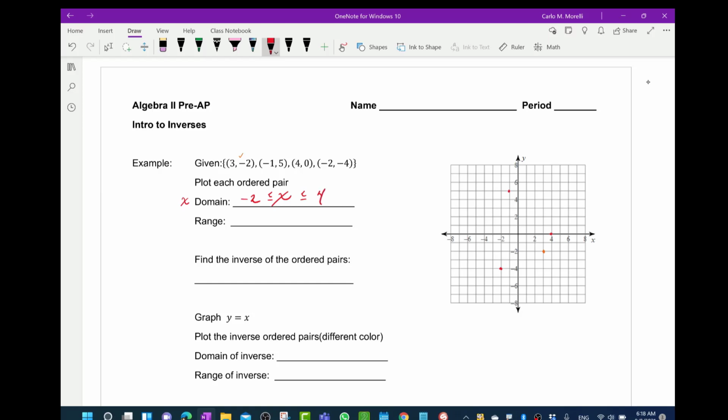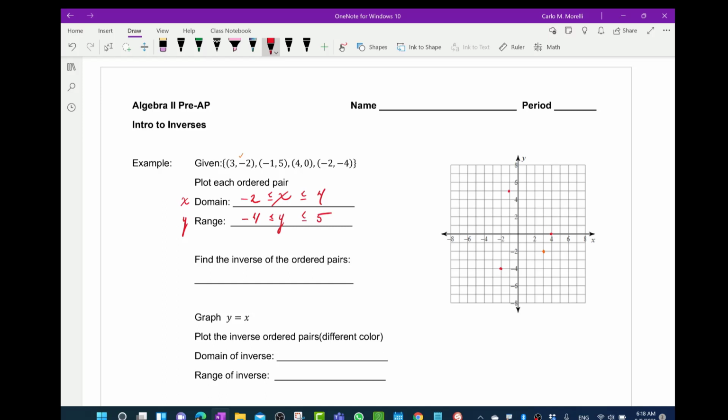Okay? And then the range is the y, or the f of x. The minimum value is -4, so -4 less than or equal to y, or f of x, less than or equal to the maximum value, 5.